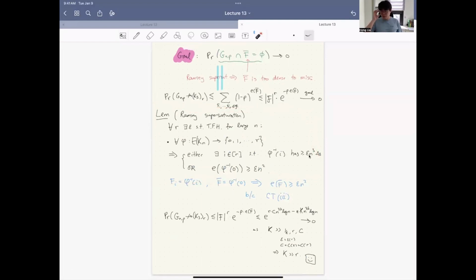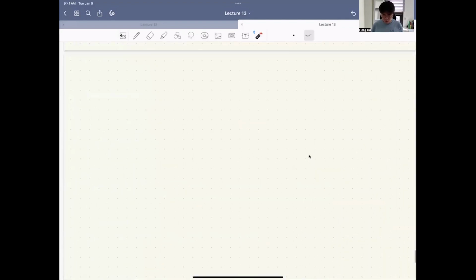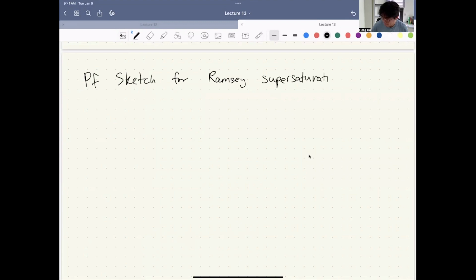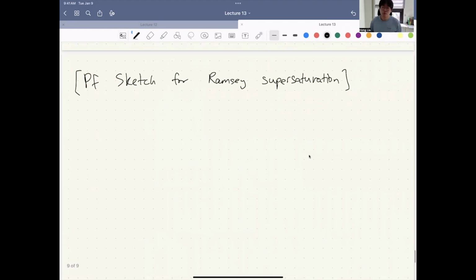For the Ramsey supersaturation, I will just sketch a proof and let you fill in the details. The proof is similar to how we normally prove supersaturation.